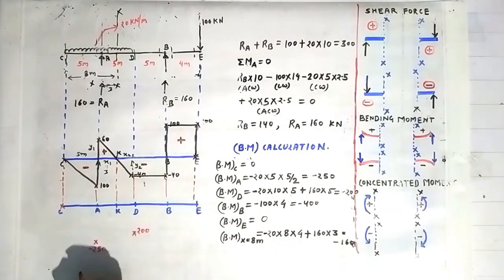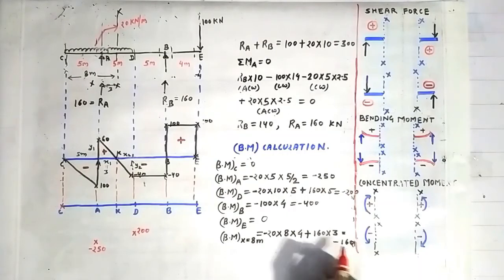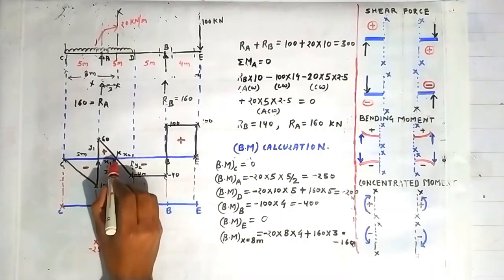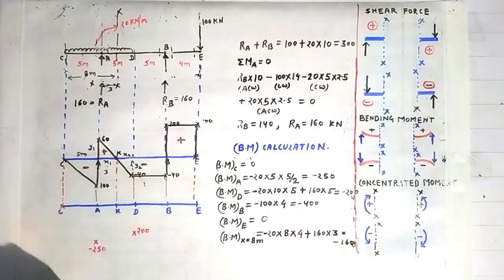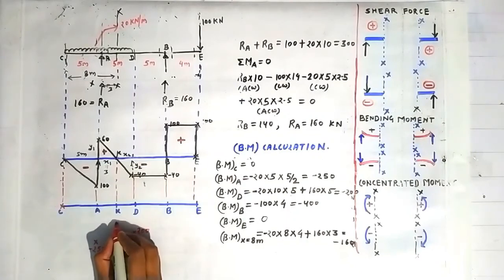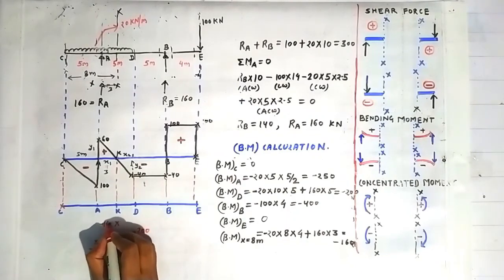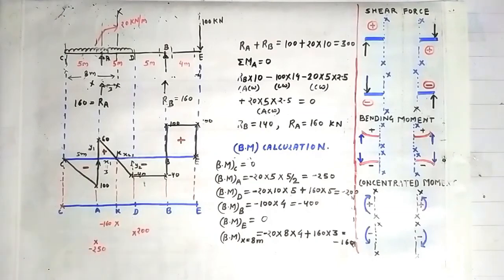Bending moment at a distance of x equal to 8 meter, that is at K, where shear force is 0, lying at a distance of 8 meters from point C, is minus 160. So minus 160 will lie somewhere here, below the point K. Now bending moment at the point B is minus 400, which will lie somewhere here, suppose, and bending moment at E is 0.